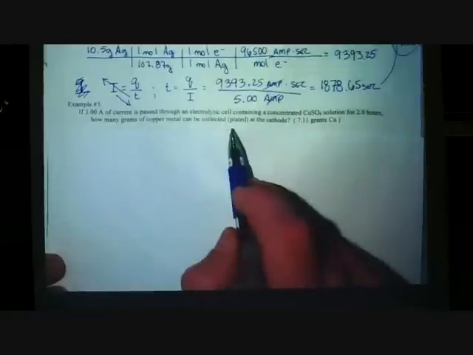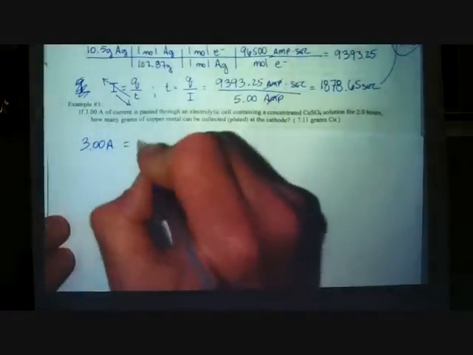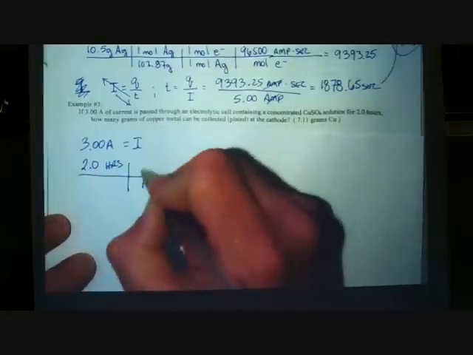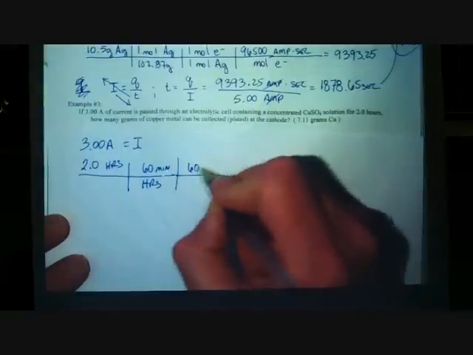Example number 3 says, if 3 amps of current is passed through an electrolytic cell containing a concentrated copper sulfate solution for 2 hours, how many grams of copper metal can be collected or plated on the cathode? All right, so now we're given our 3 amps, and again, that equals our I. We're given 2 hours, and probably should change that into 60 minutes and 60 seconds to get our seconds.